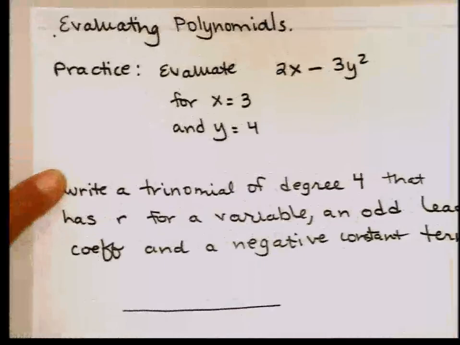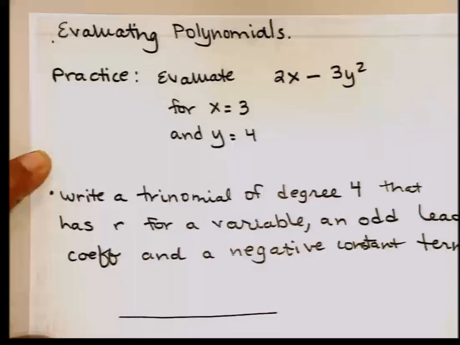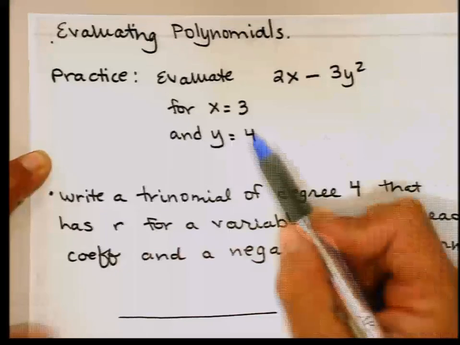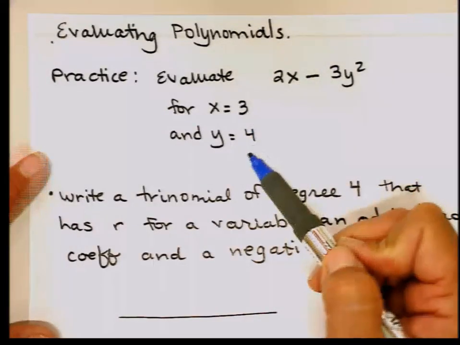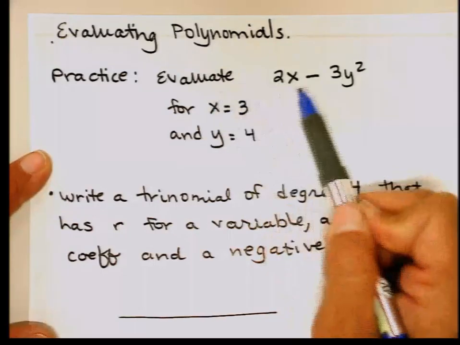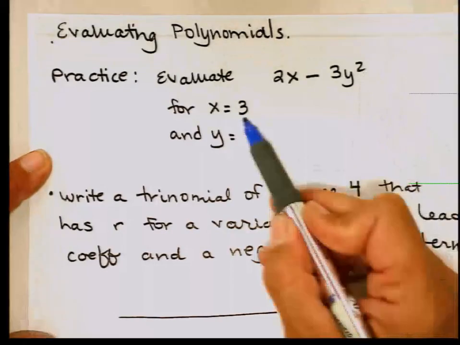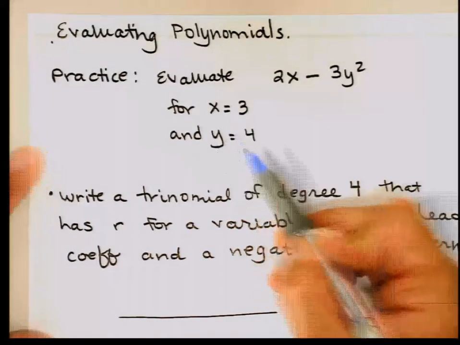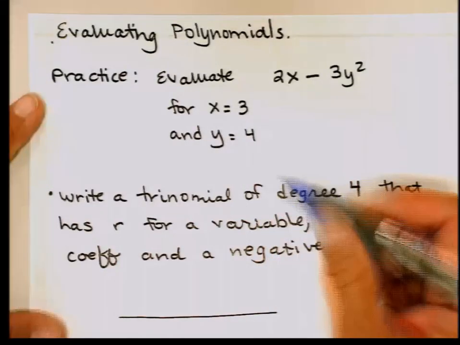Okay, so polynomials typically have a variable or two, and what we'll want to do is evaluate them when values are given for the variables. So evaluate 2x minus 3y squared for x equals 3 and y equals 4. So what do you think we would do?